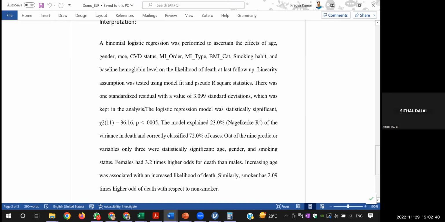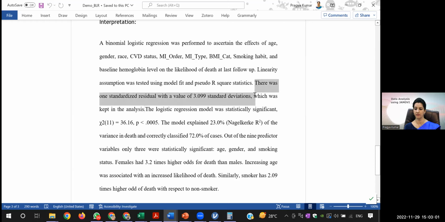So the linearity assumption was tested using model fit and pseudo R-squared statistics. There was one standardized residual with a value of 3.099 standard deviations, which was kept in the analysis. Let me delete this because you don't get this here.